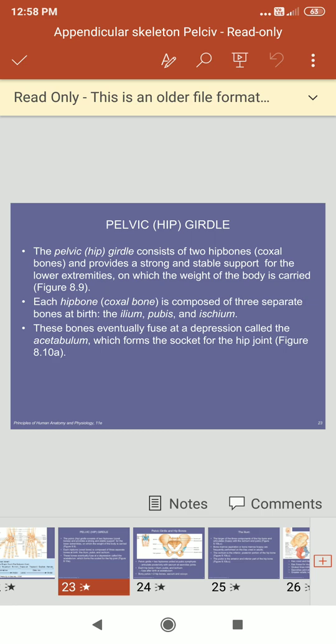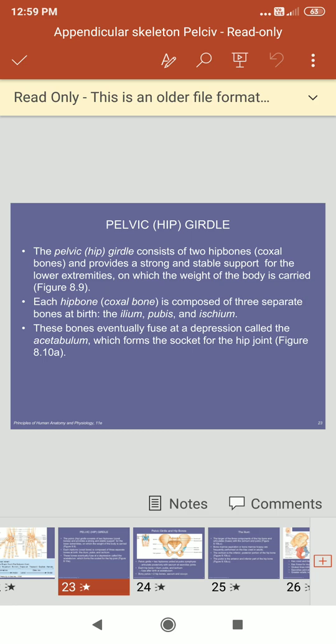And this pelvic girdle consists of two hip bones, that is, coxal bones, and provides a strong and stable support for the lower extremities, on which the weight of the body is carried.